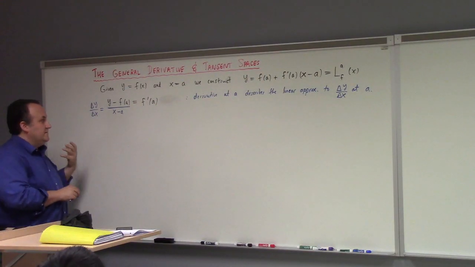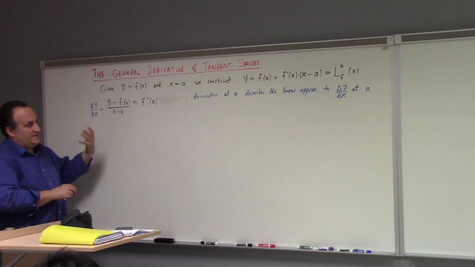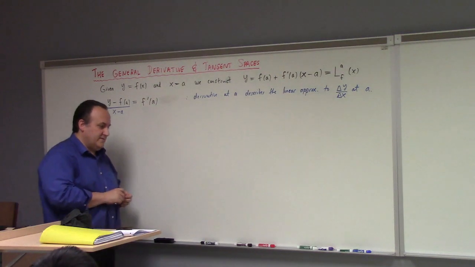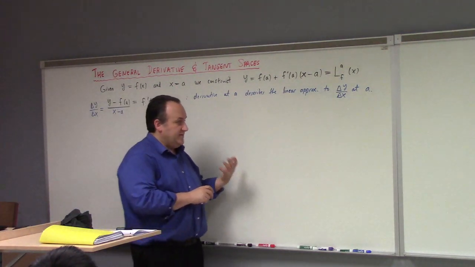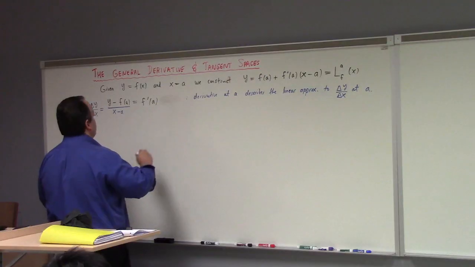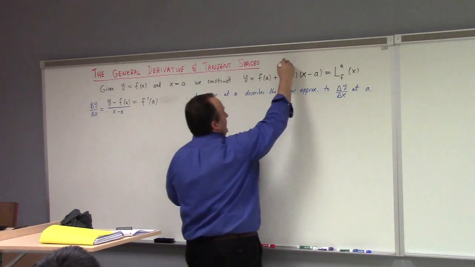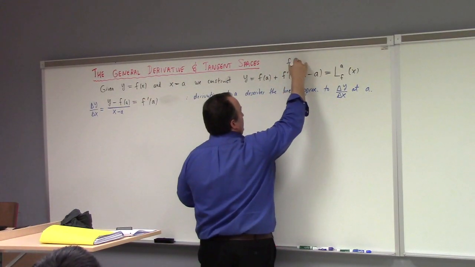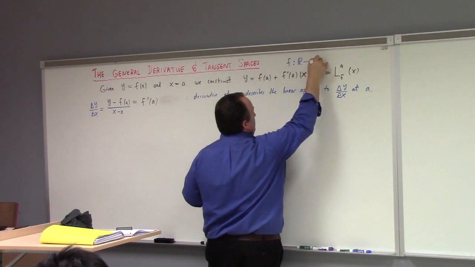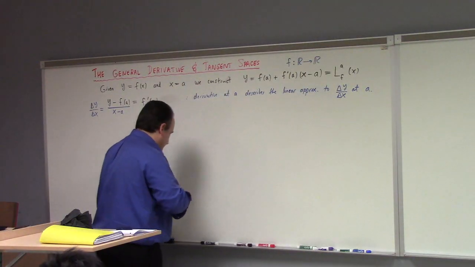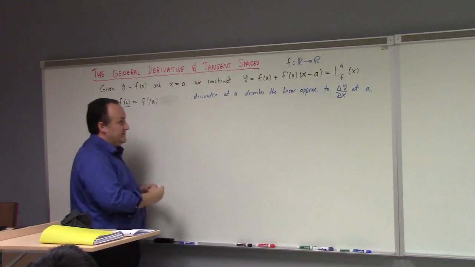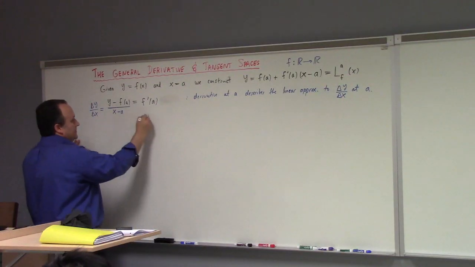So now I want to talk about this same idea, but instead of just a function, see here f is a function from R to R, right? This initial discussion here, we're talking about f as a function from R to R. So I'm just going to bump it up a notch, I suppose, just a little bit.